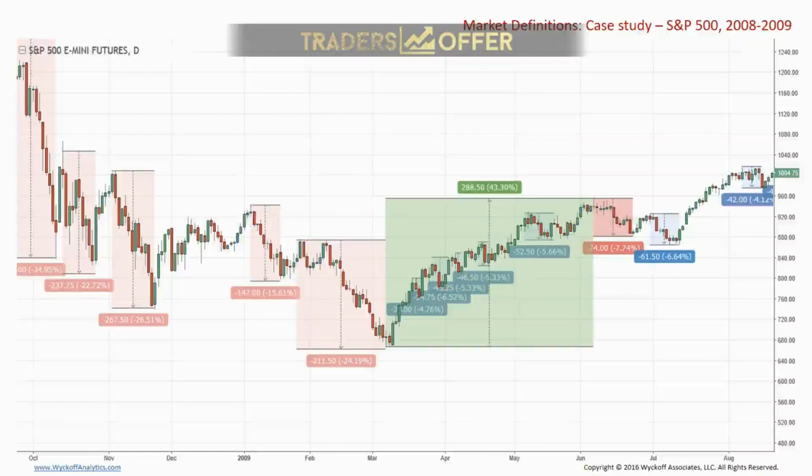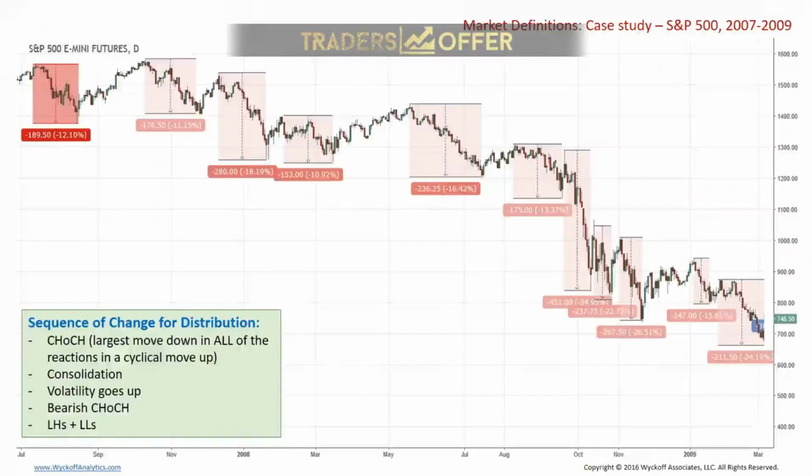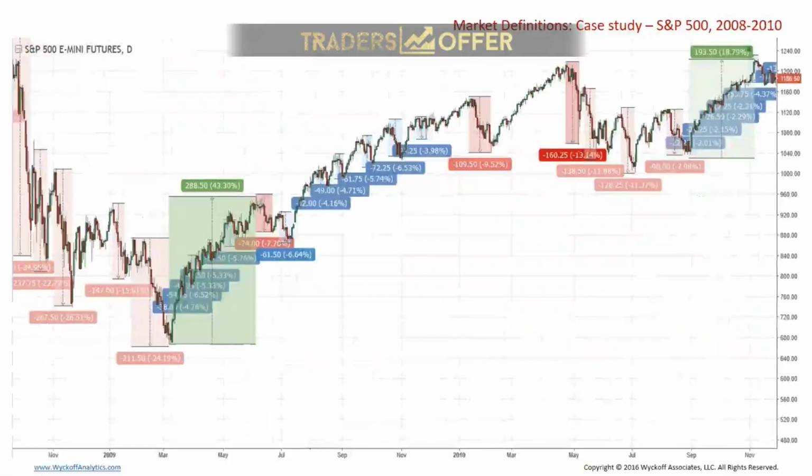I'll try to find you an example of this. It's usually going to happen a little bit more about top formations.